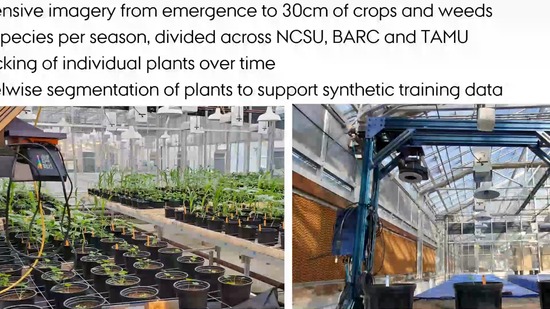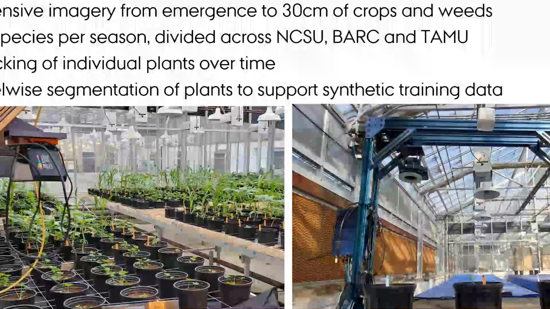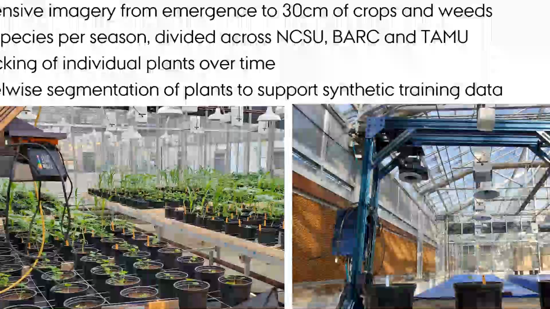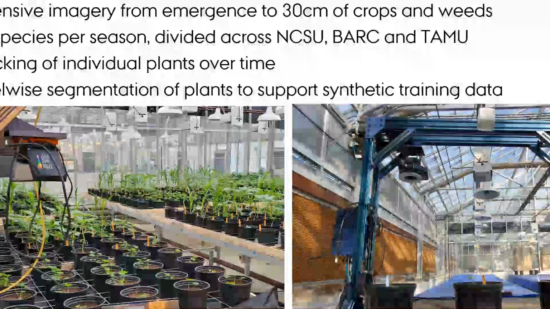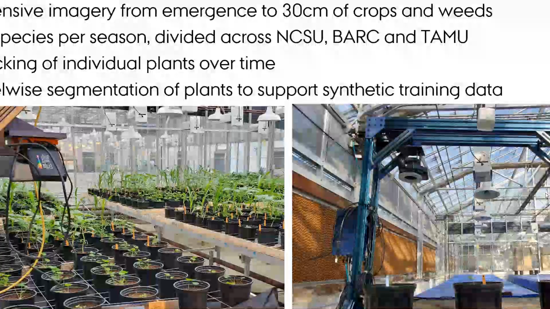This is in collaboration with Chris and Stephen. We are seeding a lot of plants and tracking them and imaging them from emergence until about 1 meter or 1.5 meters tall. The first part of that growth is done in pots and then captured with a bench pot-like structure.